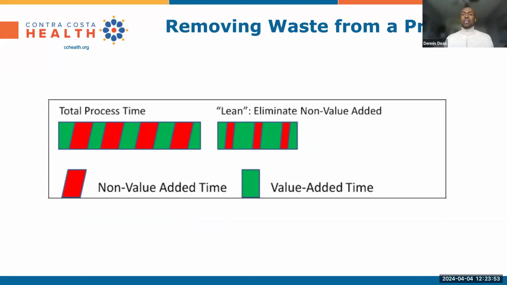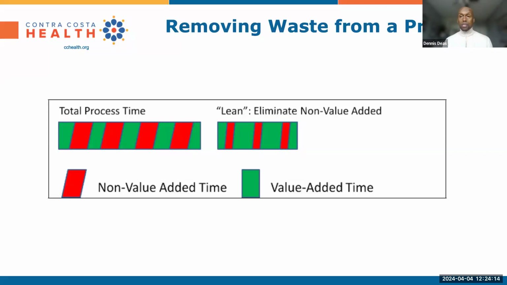And then likewise, this is a gospel from the old school as well. The more steps you have in a process or in your value stream, the less reliable it will be. So always seek the minimum amount of steps. Simplify.